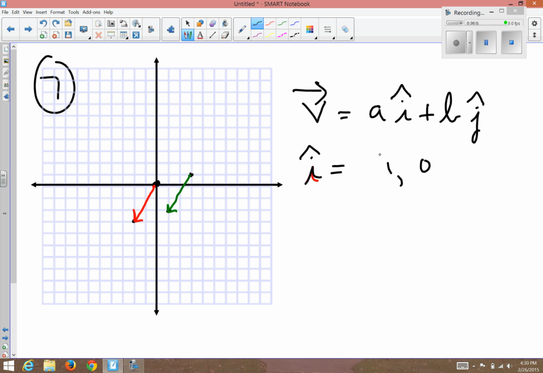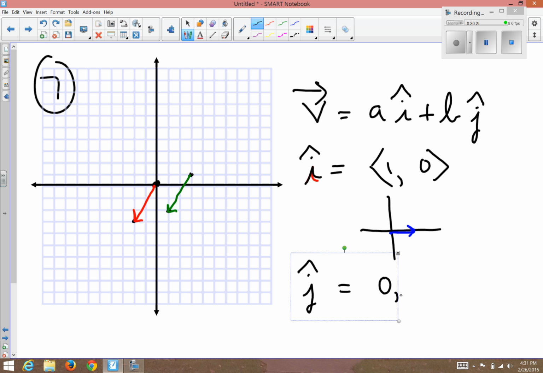X and Y. X is 1. In other words, it's this vector. I'll make it blue. And J with the hat on it is the specific vector 0, 1. I'll make that one purple.